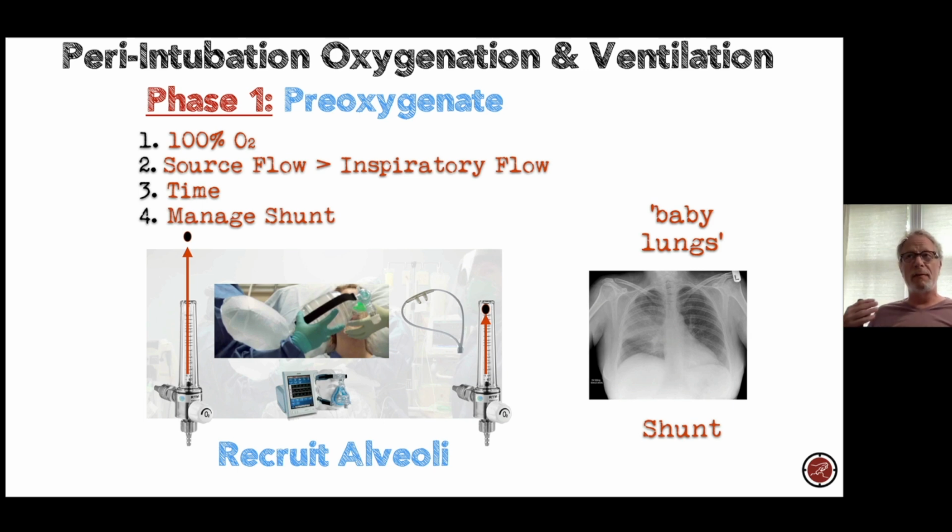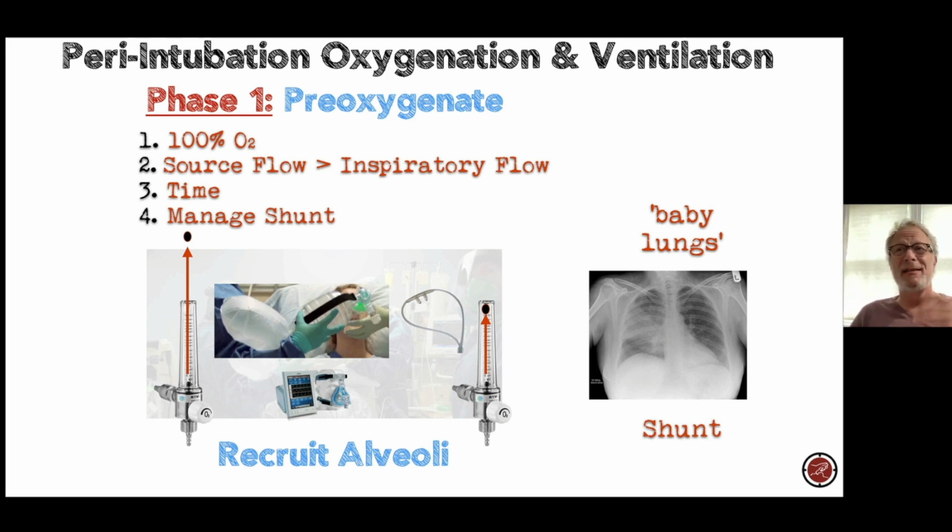Now, for the abnormal lungs, the baby lungs with shunt physiology, what we need to do is recruit alveoli. So we're going to have our 100% FiO2. And again, we need to make sure that our source flow is greater than their inspiratory flow. So if we're giving 15 liters and some nasal prongs under there of 10 liters, they've got 25 liters of flow.